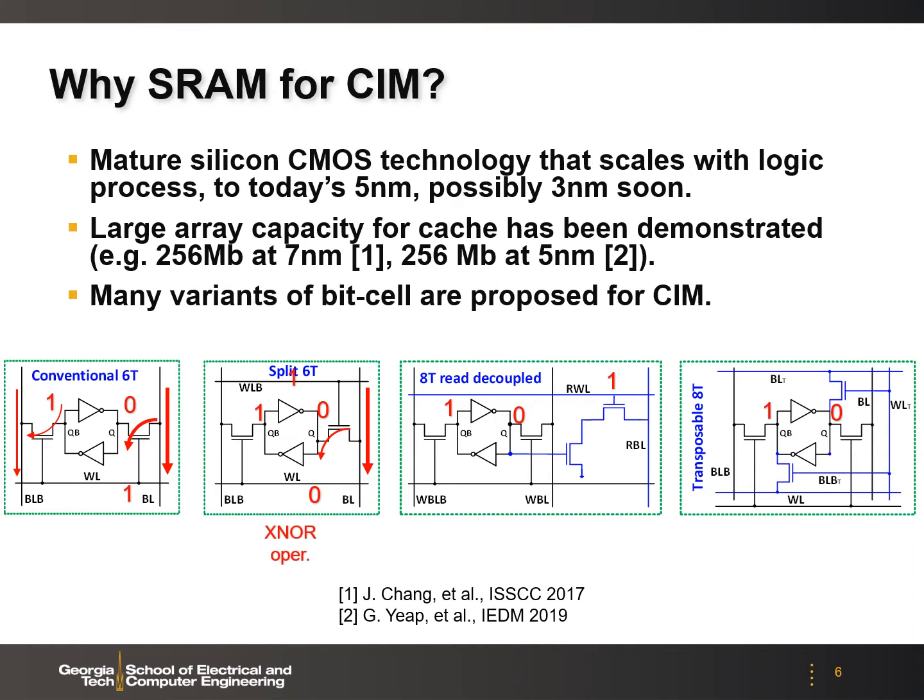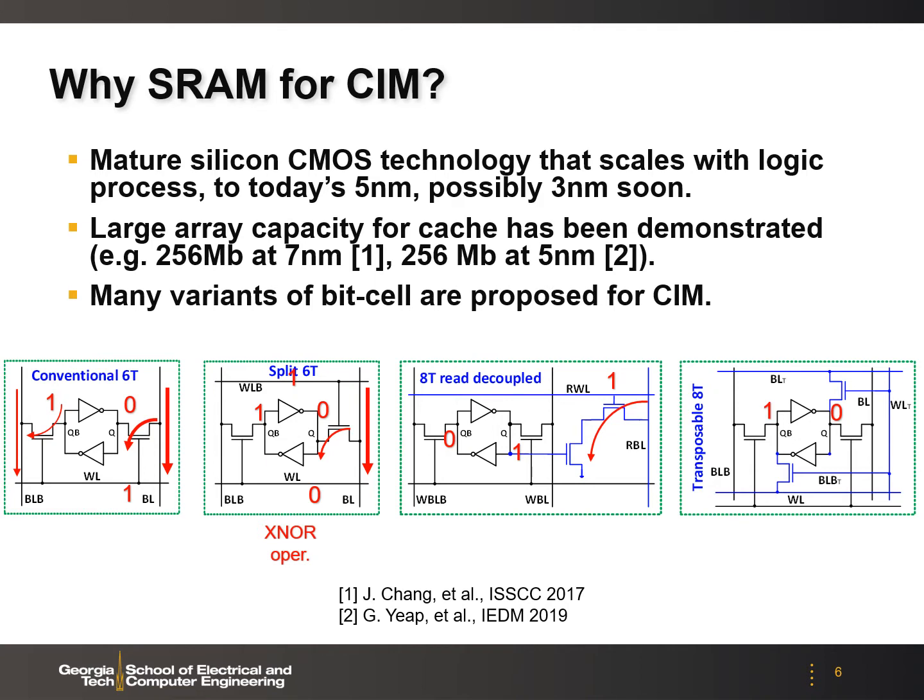Because of this data pattern, you see the Q is 0, so the discharge path is disabled. But if we reverse the data pattern like this, then the 2 cascades will be turned on, then there will be discharge current from the bit line. So this is not going to impact the data stored on the storage node, and this is better in terms of the immunity to the read disturb.